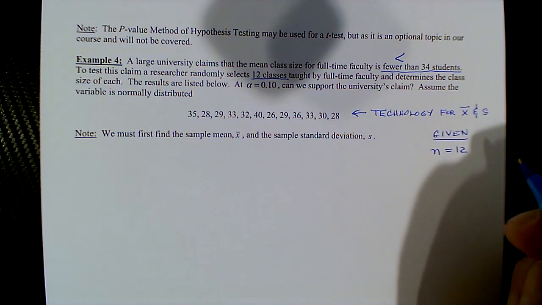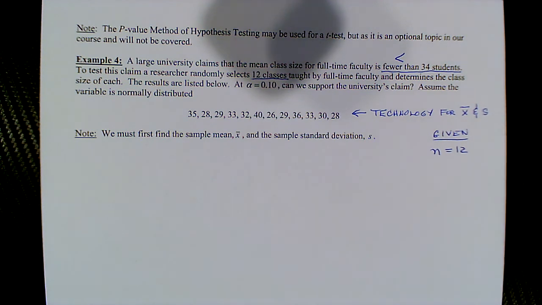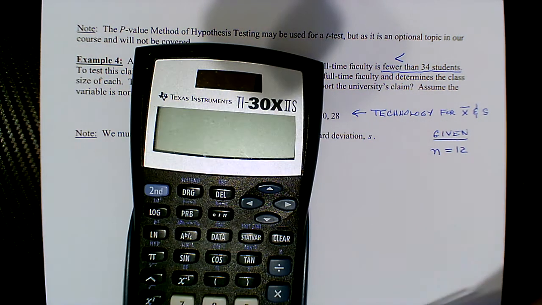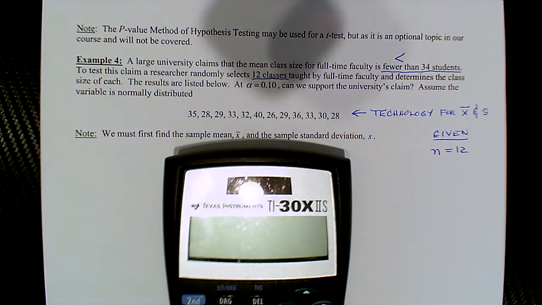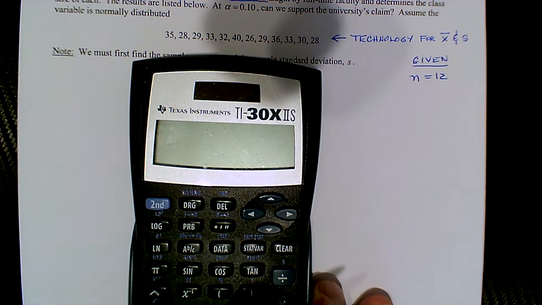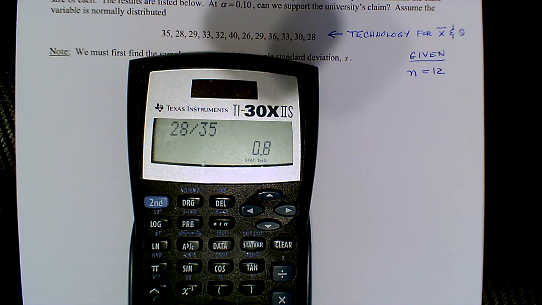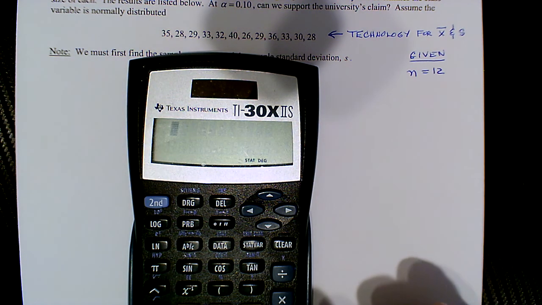So depending on what calculator you have, I have this TI-30, we've shown this before, and if you have that one, then you could follow the keystrokes here. If you have a different one, then just simply Google or email me and I'll Google for you, and you'll find a video on how to calculate the desired statistics for your sample data.